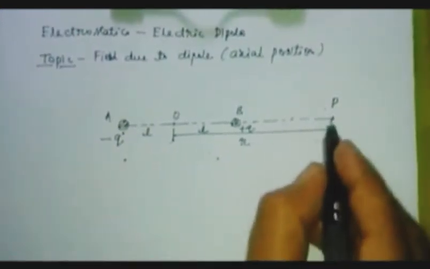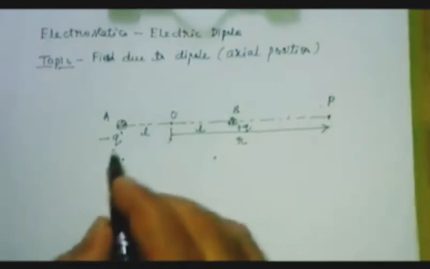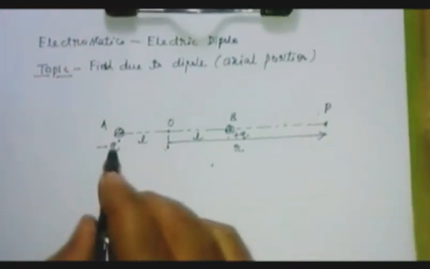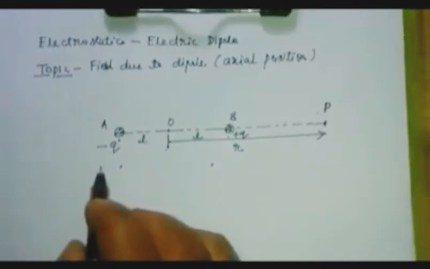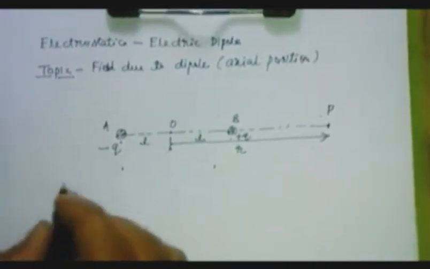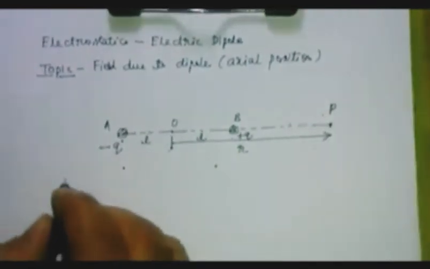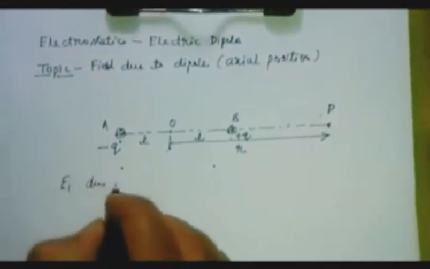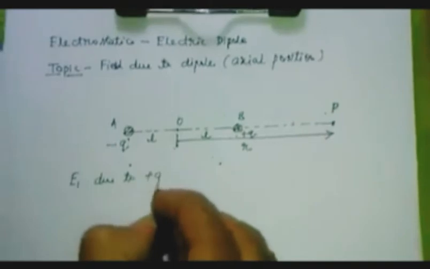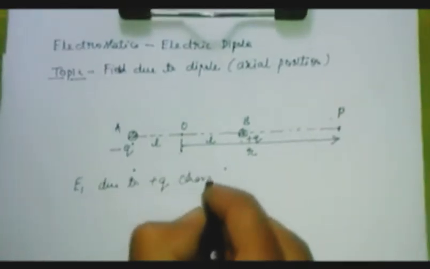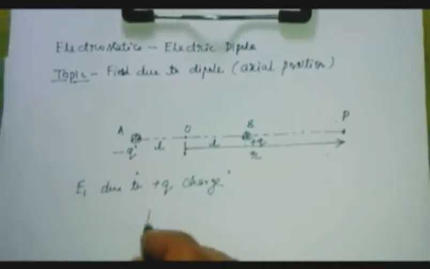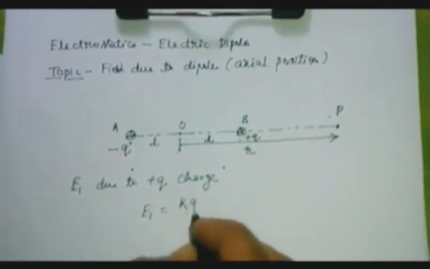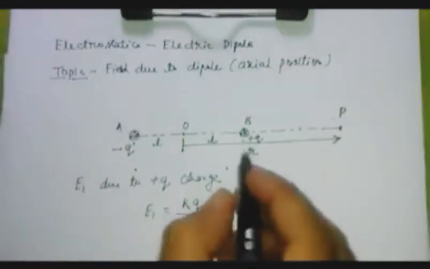So the field at point P will be the sum of the field due to the positive charge as well as the negative charge, using the superposition principle. First of all, the electric field at point P due to the plus q charge is E1, equal to kq upon the distance square.